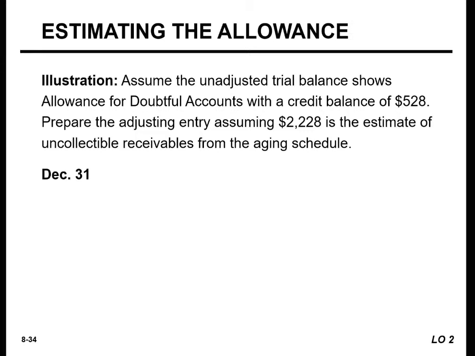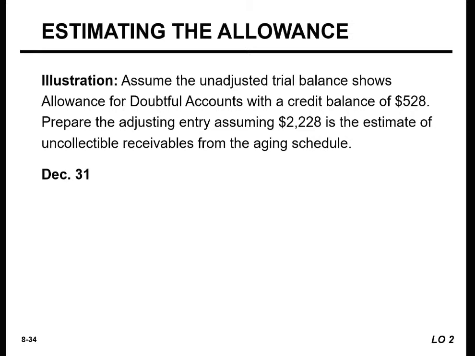So let's assume the unadjusted trial balance shows the allowance for doubtful accounts with a credit balance of $528. So we have had prior period entries to estimate our bad debts expense. We've had some write-offs, and right now, $528 of what we had estimated has not gone through an actual write-off. They want us to prepare the adjusting entry, assuming $2,228 is the estimate of the uncollectible receivables from the aging schedule.